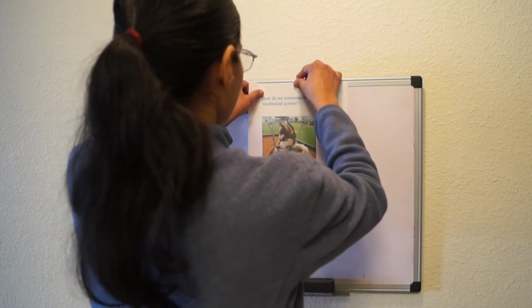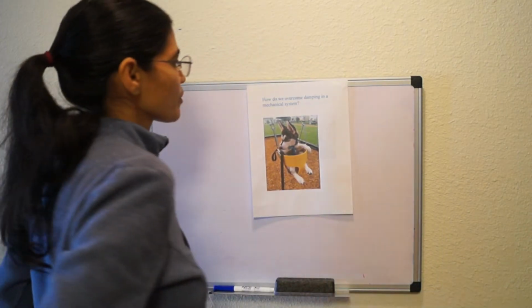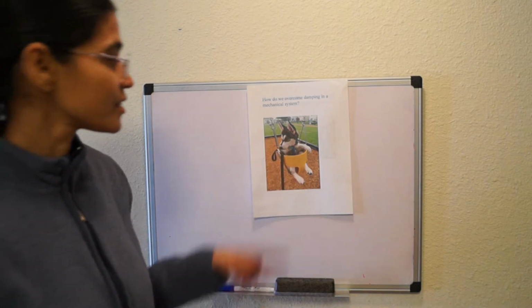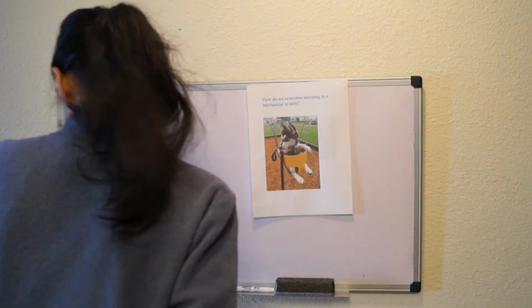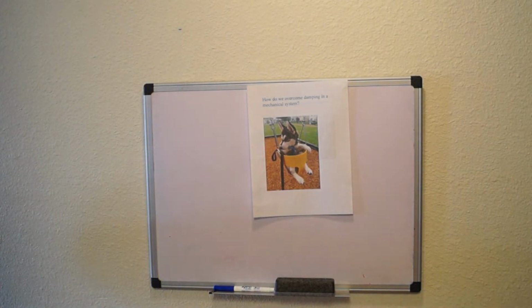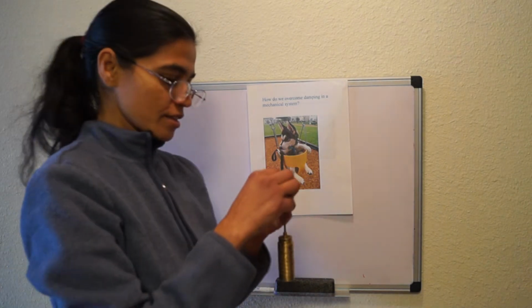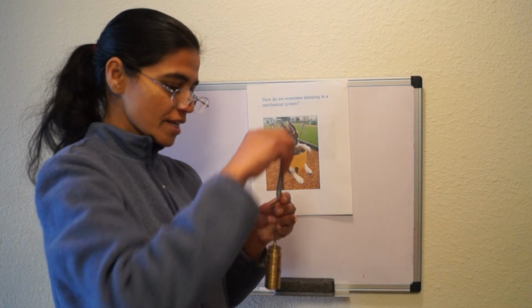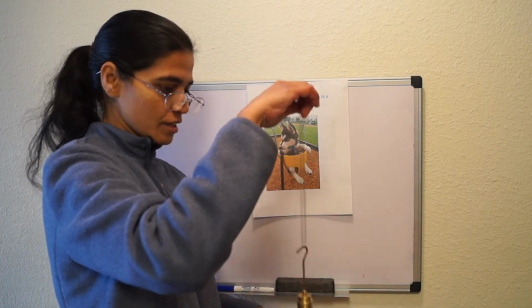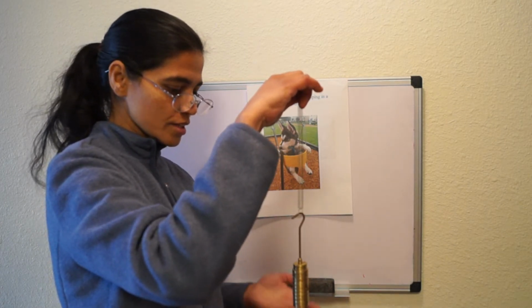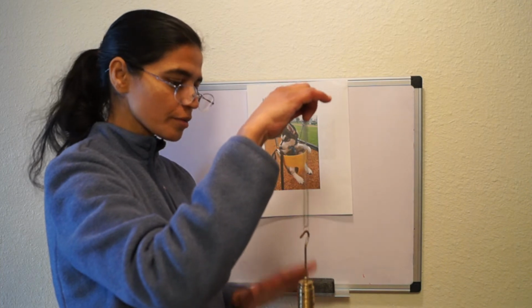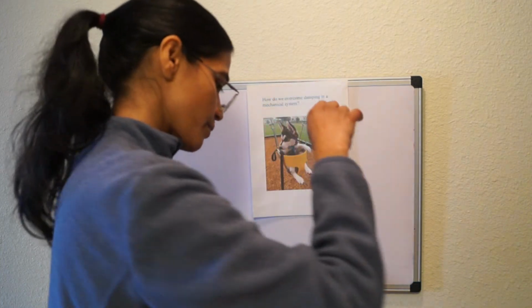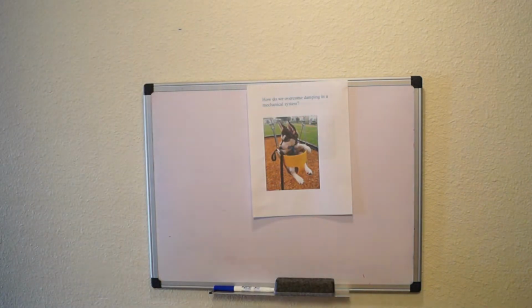Here is another picture, a little doggy in the swing. How do we overcome damping in a mechanical system? We want it to keep oscillating with the maximum amplitude.